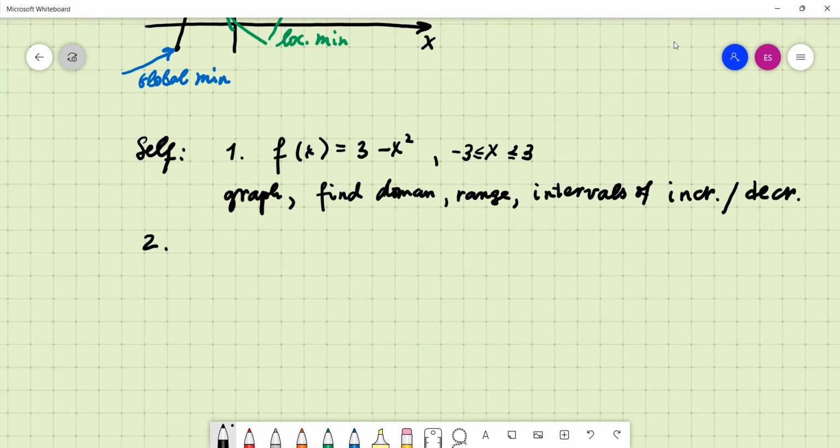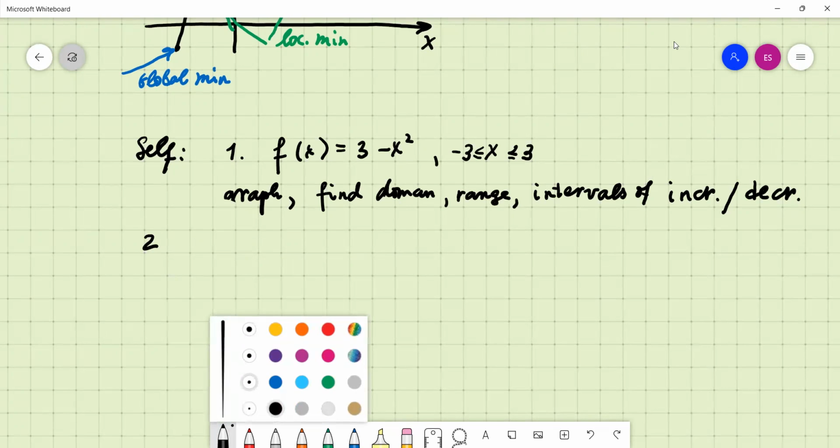Question 2. I'm going to give you a graph and I'll ask you to find intervals on this graph. This graph is going to have numbers. Sorry, I did not end the graph where it's supposed to end. Let me redo this whole thing.